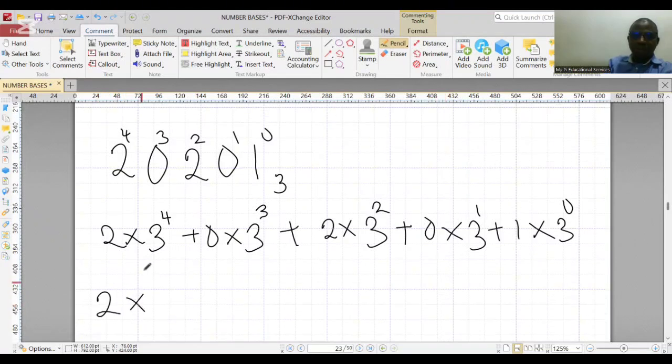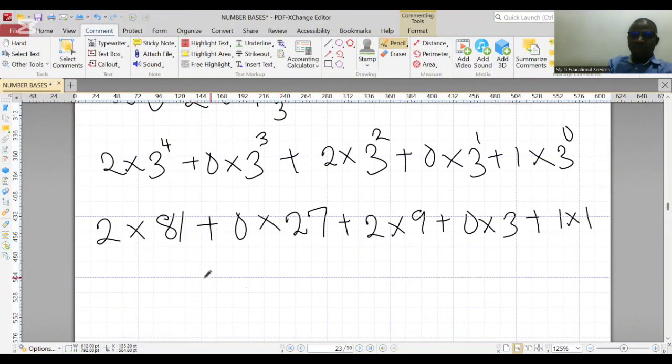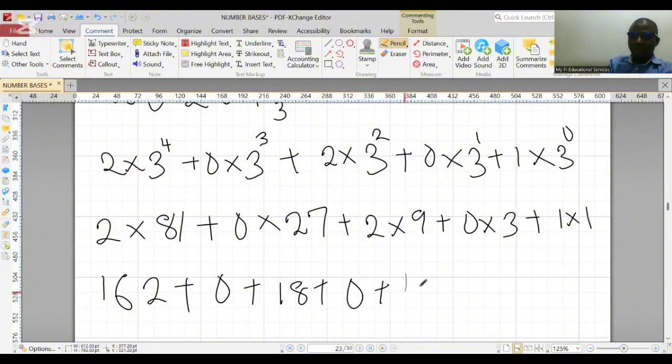So 3 raised to the power of 4 is 81, and 2 multiplied by 81 will give us 162, plus 0 multiplied by 27, plus 2 times 9, that will give us 18, plus 0 times 3 will be 0, then plus 1. When everything is added, we have 181 base 10.